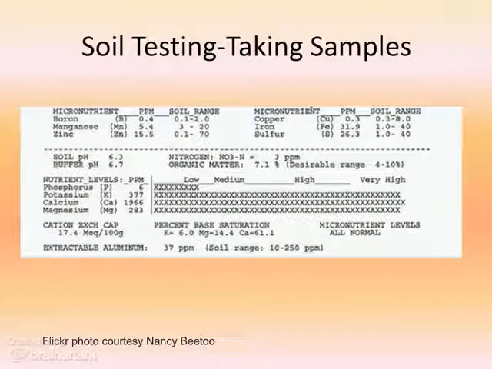In order to obtain a soil test, you'll need to send in some soil samples. Take soil samples at a time when the soil is not too wet. Dig a hole that's 6 to 8 inches deep and then slice a sample from the side of the hole that represents all soil horizons or layers. Take 8 to 10 different samples from parts of your property and mix them together in a bucket.